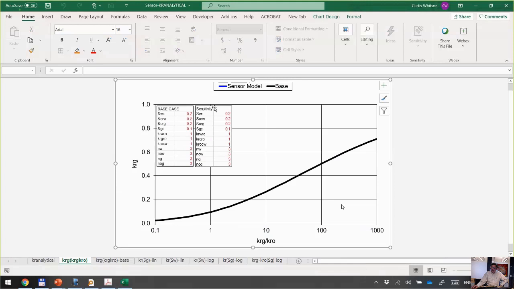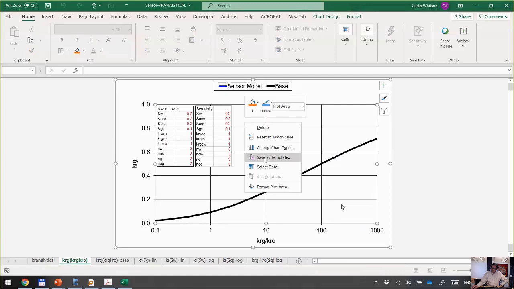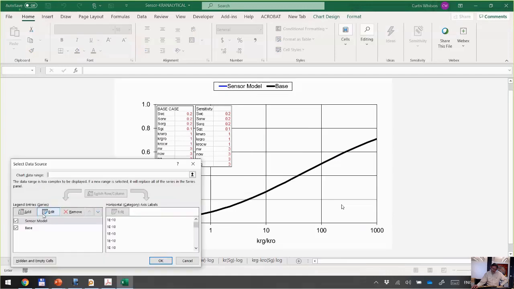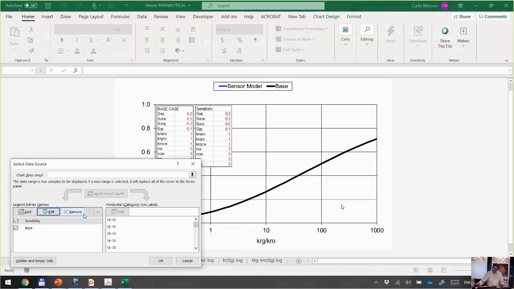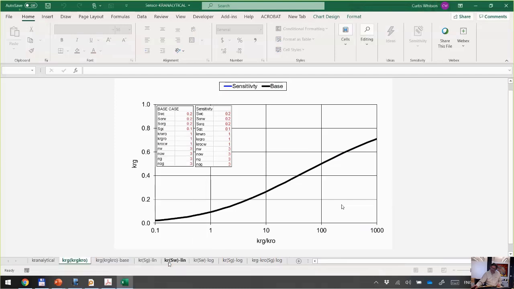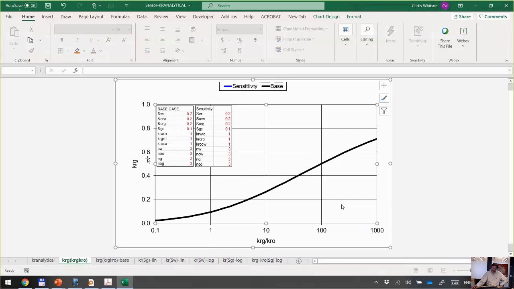That line will give you the sensitivity, so I'm going to change the name of that to sensitivity. And that blue curve, now they're identical because the parameters are all the same.